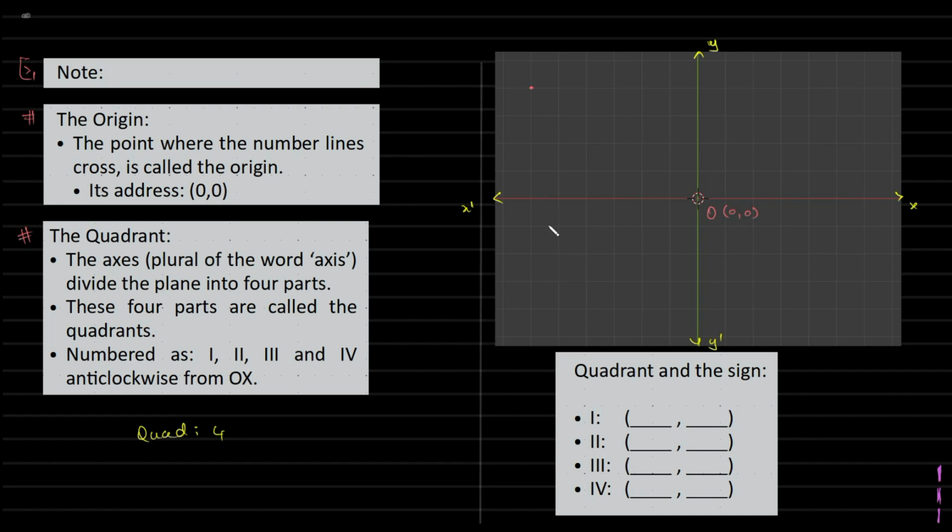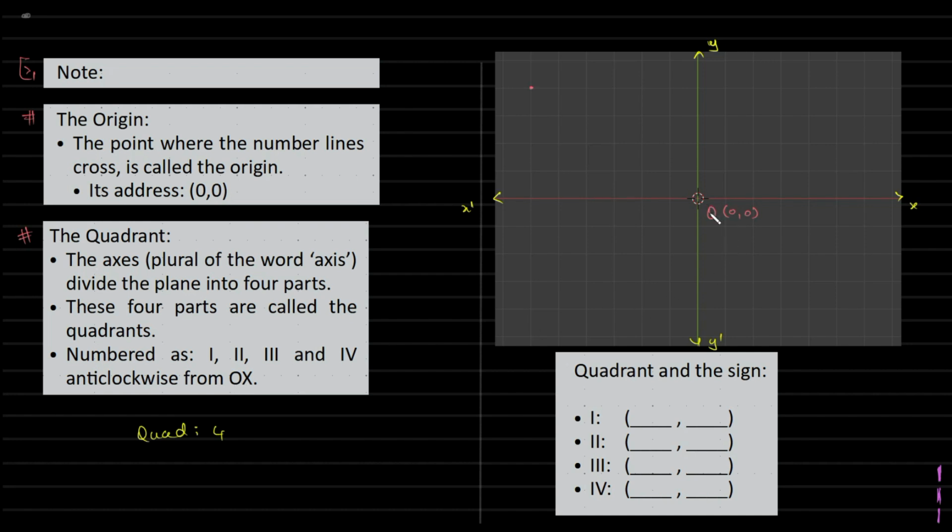So these 4 different spaces, since there are 4, are called quadrants and they have been numbered. So this is your first, second, third and fourth. So the axes, it's a plural word for axis, divide the plane into 4 parts. The 4 parts are called quadrants, numbered as first, second, third and fourth, anti-clockwise from XO.